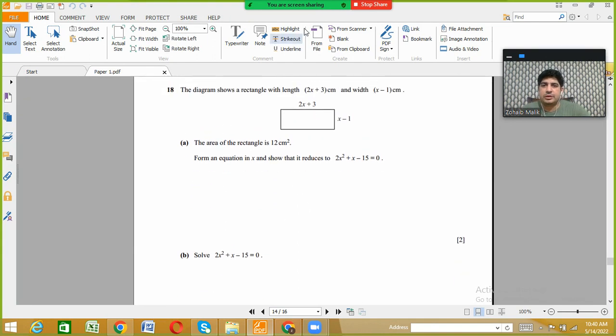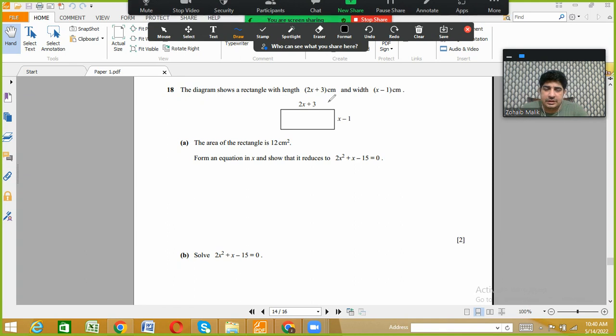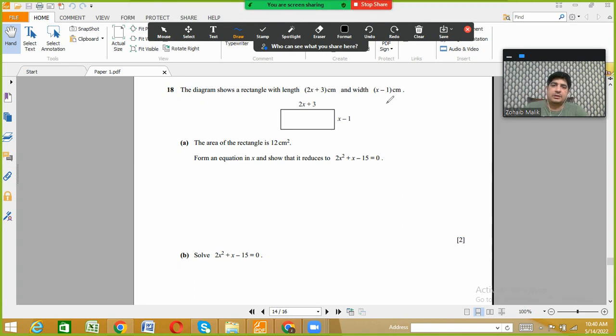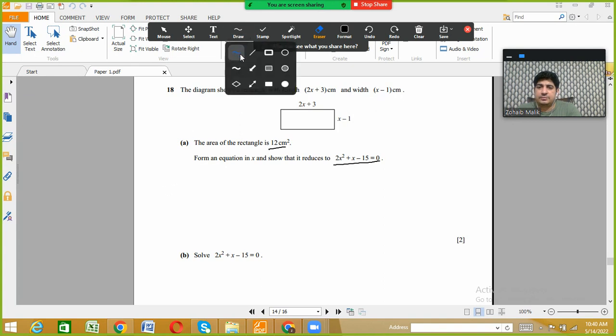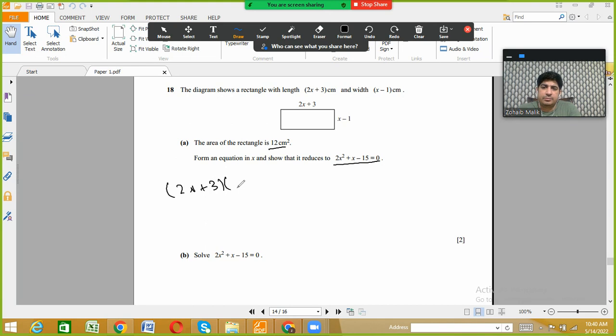The diagram shows a rectangle with length 2x plus 3 centimeters and width x minus 1. The area of the rectangle is this one. We have to prove this equation. When the area is given, it means they are giving us the hint. You have to find the area and equate it to this given area. So the area of a rectangle is length into breadth, so that is equal to 12.